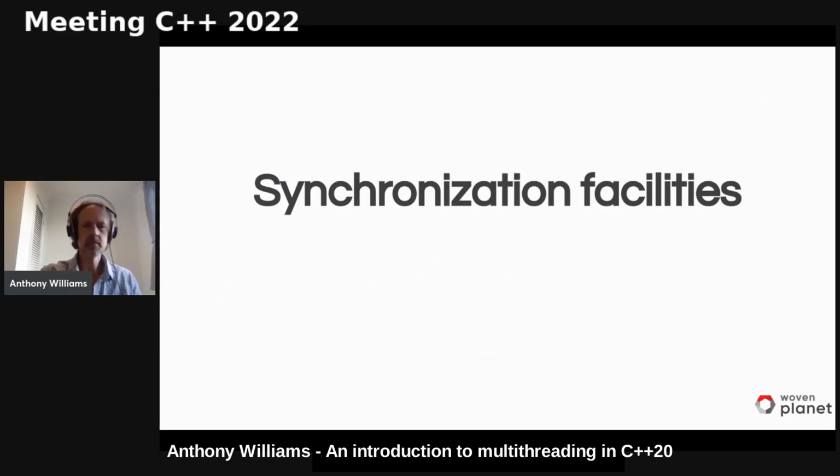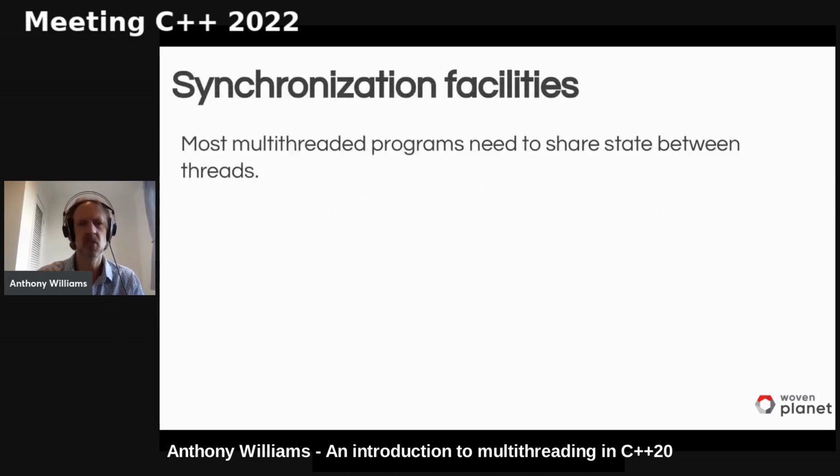Okay, so we've started some threads, and in the majority of programs, those threads are not going to work on isolated data. They're actually going to try and communicate with each other. If we're going to communicate data between threads, we need some form of synchronization, and the C++20 library provides us a whole bunch.